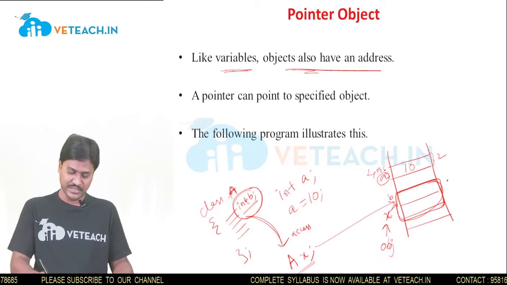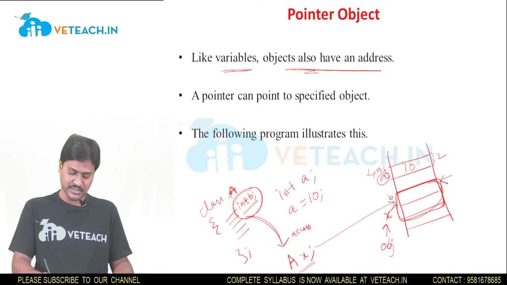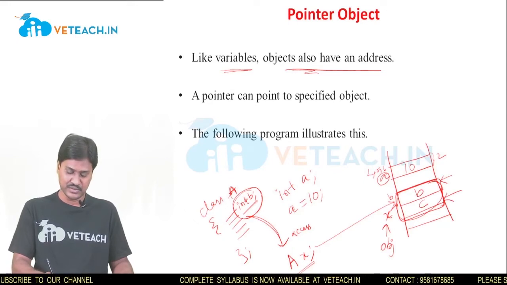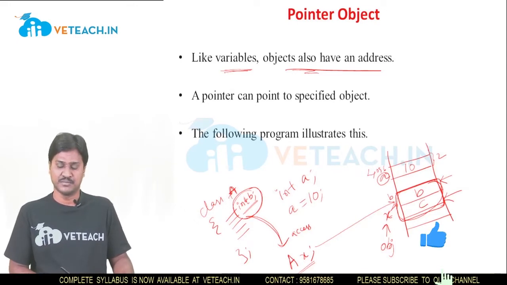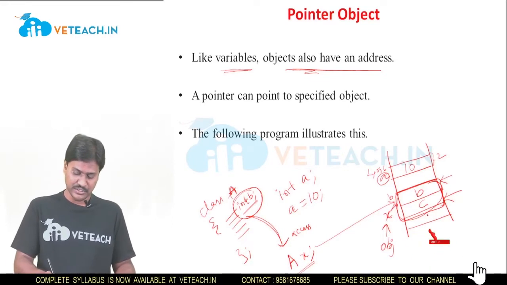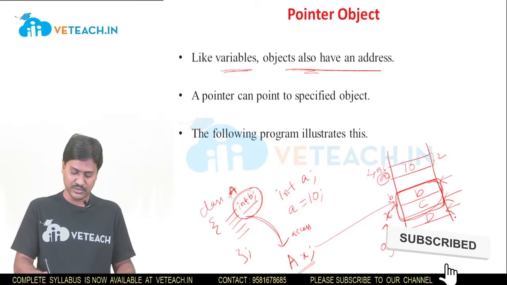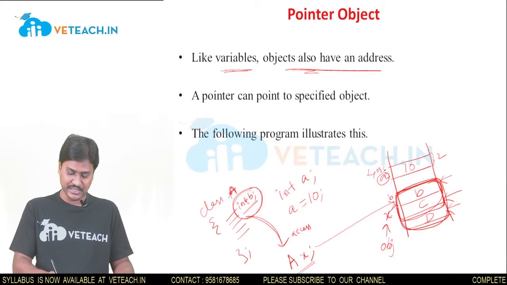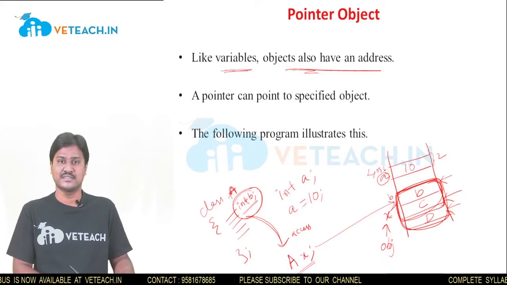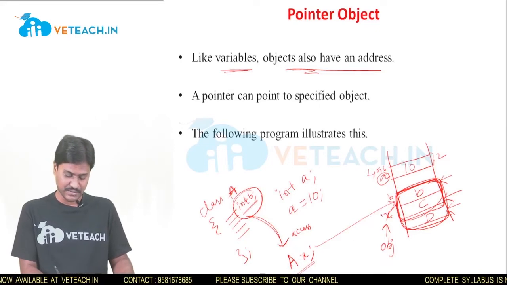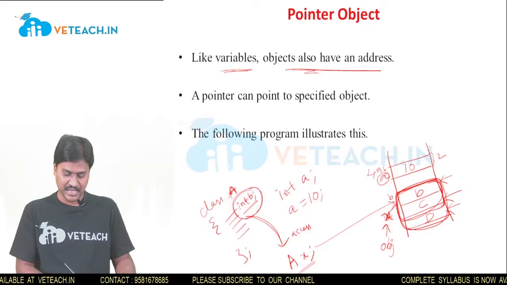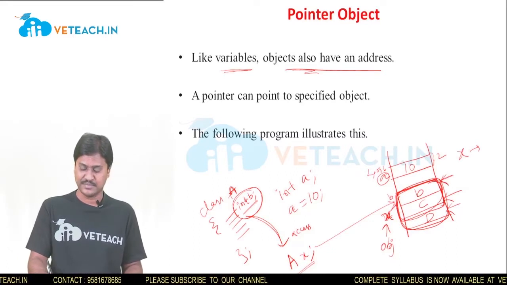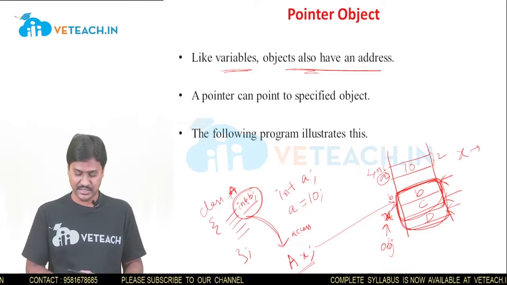For example, this is one location that holds variable b, this is the location that holds the value of variable d, and this whole part is completely allocated for this object of class A. So x is a reference to these locations, and actually x contains the starting address of the variables defined in the class.